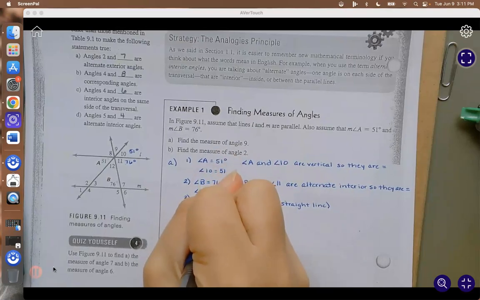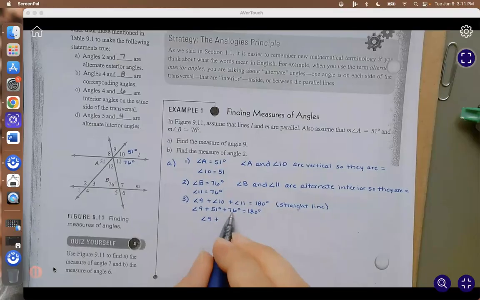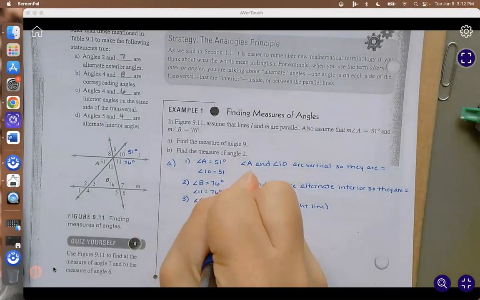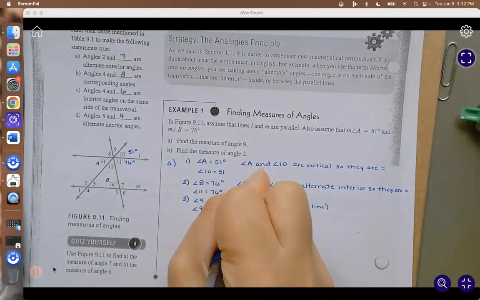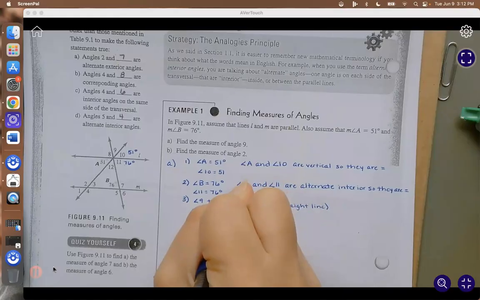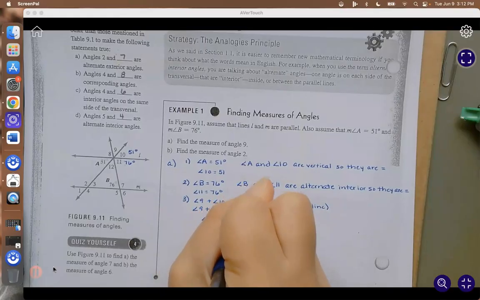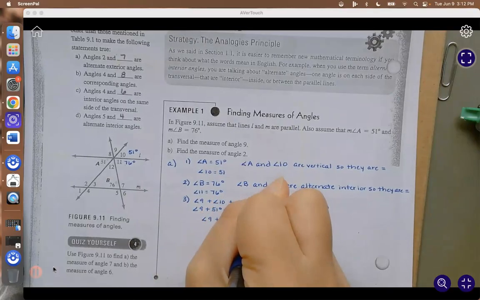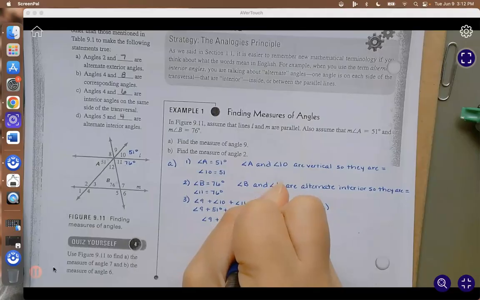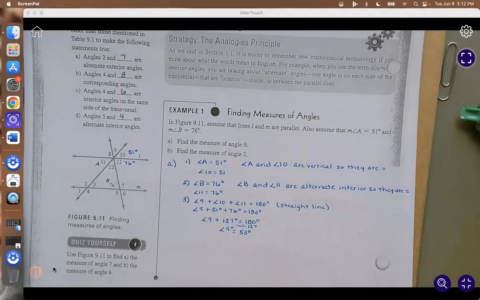Angle 9 plus 127. Then we move the 127 over by subtraction, and angle 9 is 53 degrees.